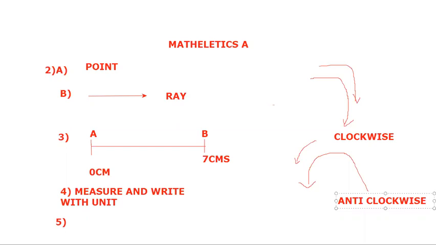So look at the picture, 5A. What's given there? There is a big square, yellow color, and inside the big yellow colored square, there is a small green colored square in one corner of it.